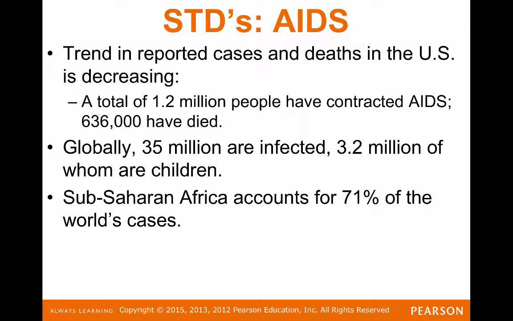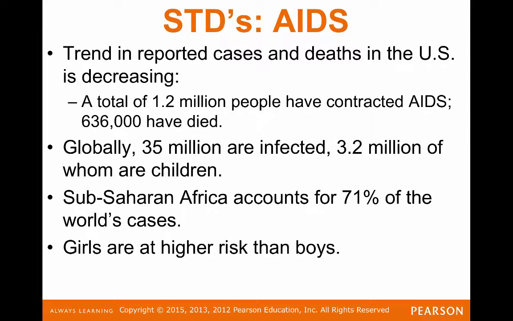So people that get infected with these diseases, oftentimes it's because their partner has been unfaithful and they have really no choice in the matter. So they get infected and then they end up having children, again, with no choice in the matter. So girls are, again, at a higher risk than boys just because of anatomy. And HIV is infectious, but it's not contagious in the same kind of easy way. It has to be through sex, through sharing needles when using drugs, those kinds of things.